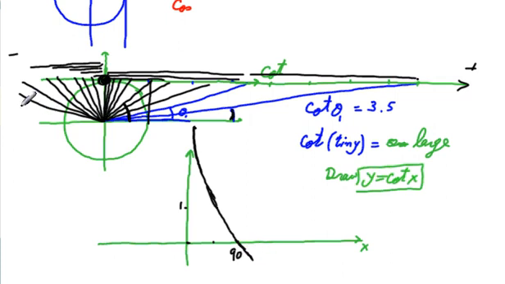When does it become minus infinity? What angle should I have here so that that intersection is pushed all the way to the left? 180. This has to open completely. Then that intersection moves all the way to infinity. Like when you have a flashlight pointing to a wall, if you take your flashlight and make it parallel to the wall, you're going to light up the very end of the wall, if there is such a thing.